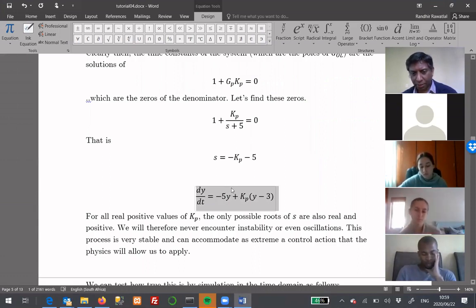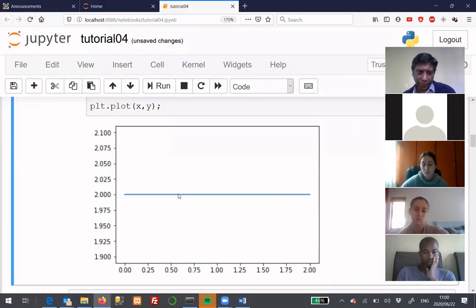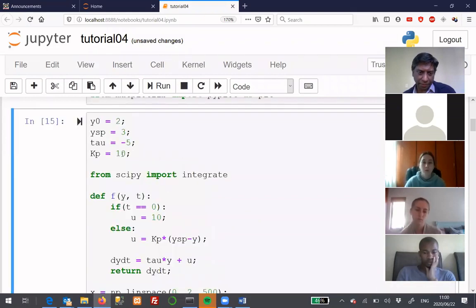So we are losing y here, and then we are gaining y from this term. So if we set Kp equals 10, that actually perfectly balances it, and we just stay on that fixed value. So we won't reach our intended steady state for Kp equals 10 either.